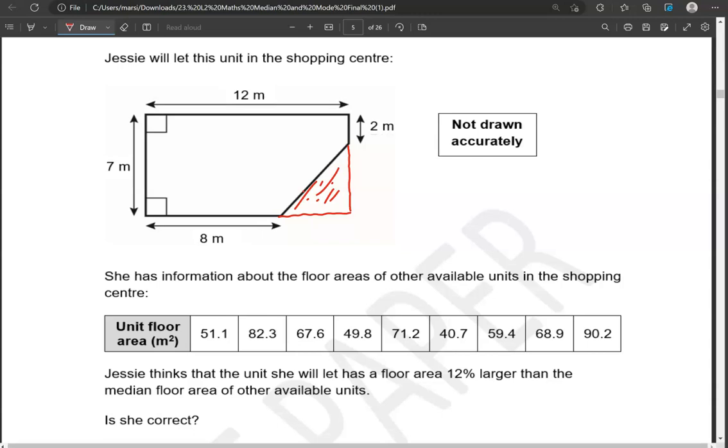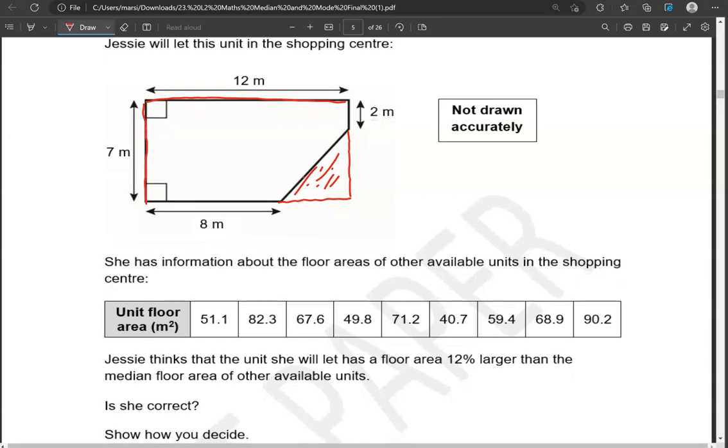So the dimensions of the big rectangle are 12 by 7. So we're going to do 12 times 7. 7 times 2 is 14, so 4 down, 1 carried over. 7 times 1 is 7, and the 1 is 8. So that is 84 square meters so far.